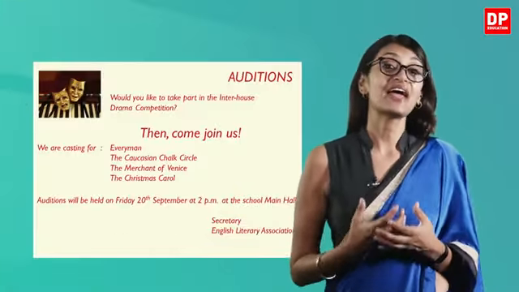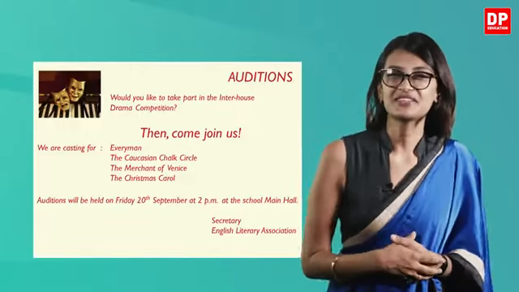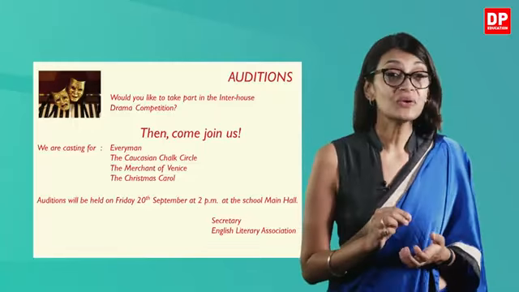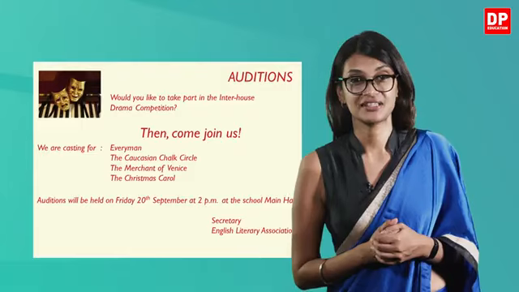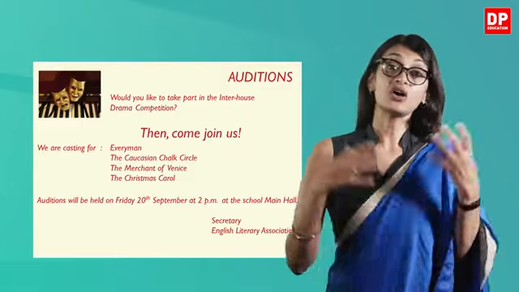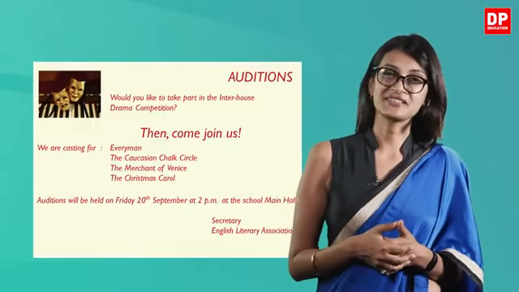Now let's look at your pupils book, Unit 6, Activity 7 on page 65. The activity is based on Activity 6 on page 64. Let's quickly read it through together. The notice states that there are auditions for the drama competition. It starts with the title Auditions and reads, would you like to take part in the inter-house drama competition?